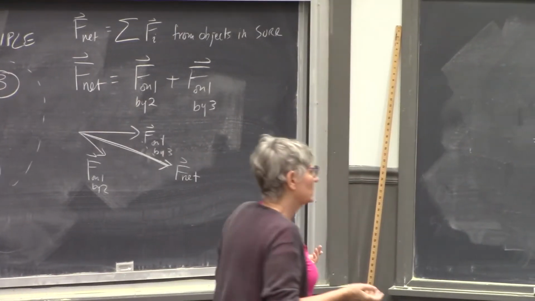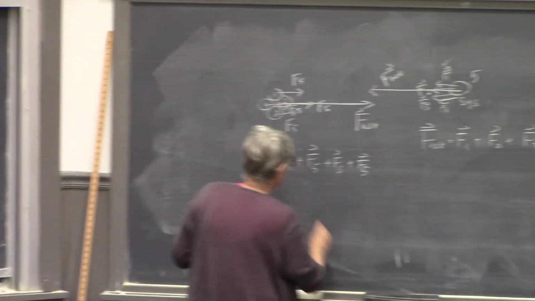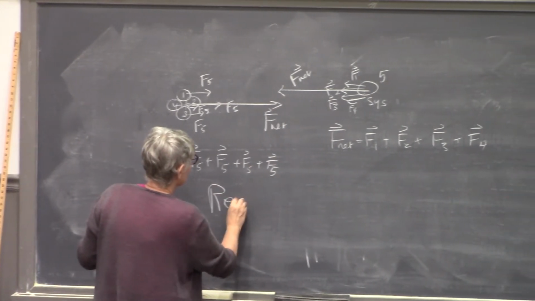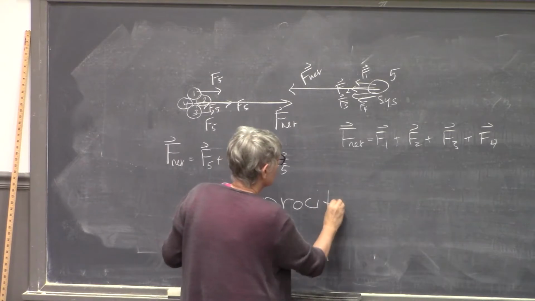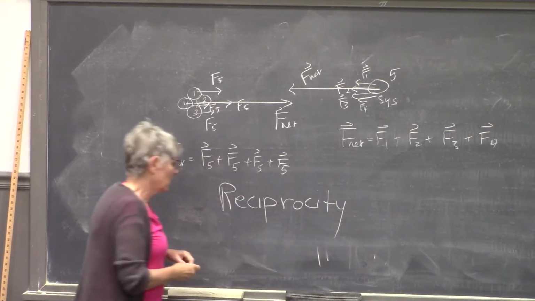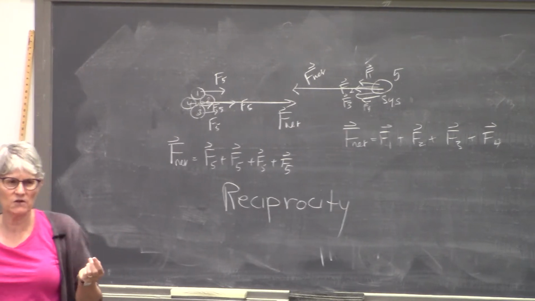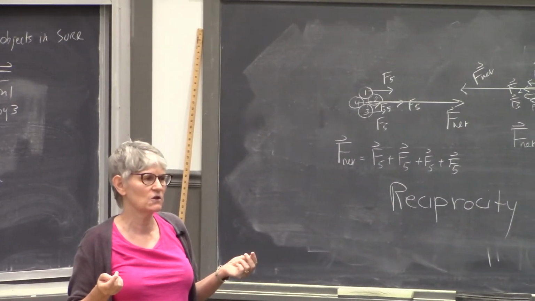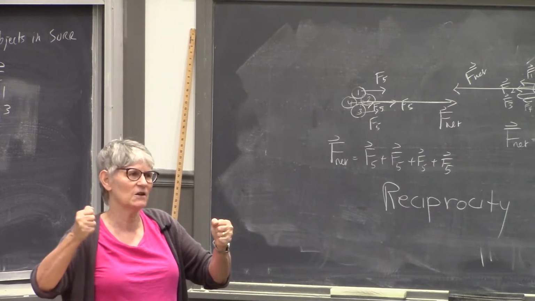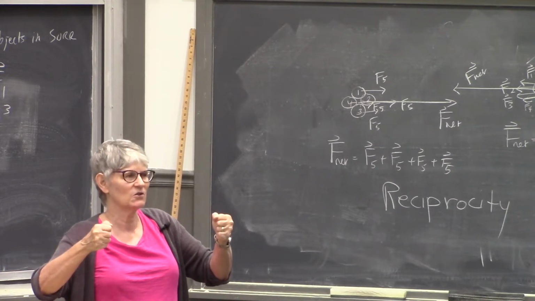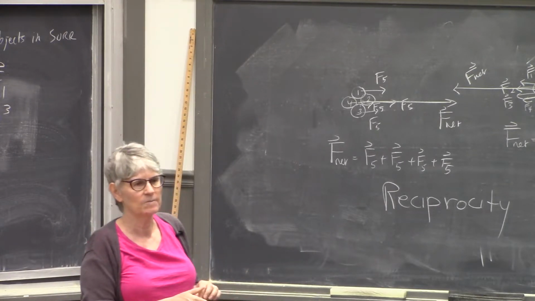Now, these forces, this is called reciprocity. And it says that when we're talking about gravitational forces, and we'll see it's true of electric forces also, the force that object A exerts on B is going to be equal in magnitude and opposite in direction to the force that B exerts on A.